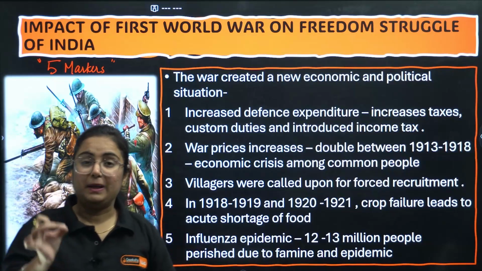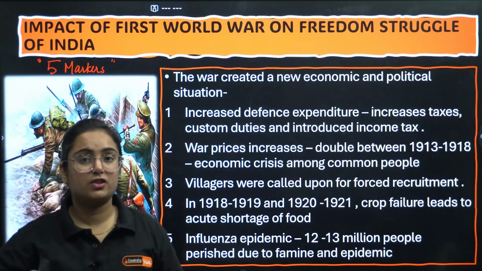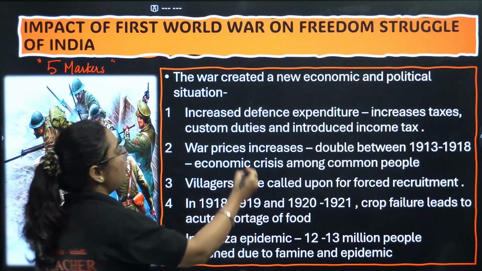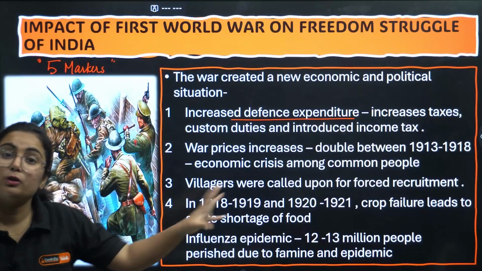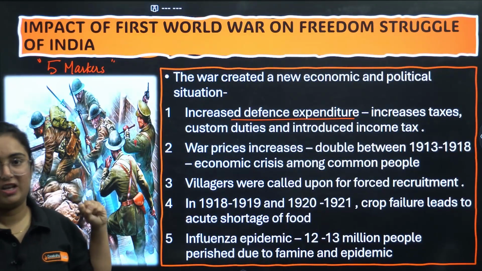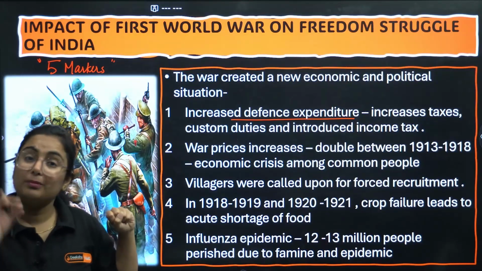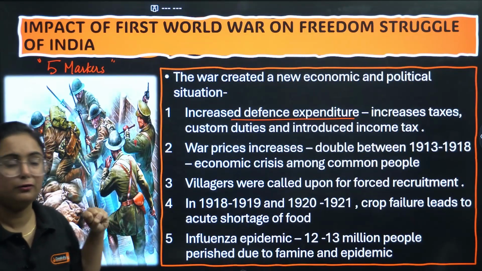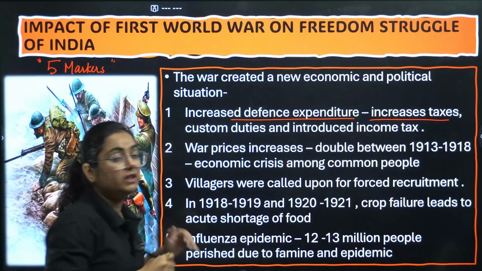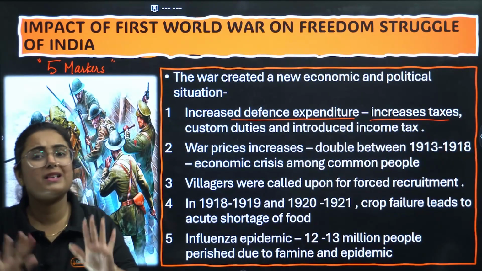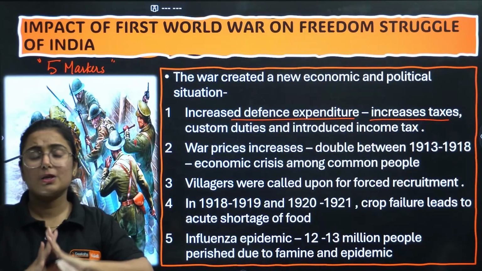When the defense expenditure of the British Empire increased, they wanted to drain money from India. They wanted money from their colonies, and India is one of them. For doing this, they increased taxes because they were fighting the war financed by loans.